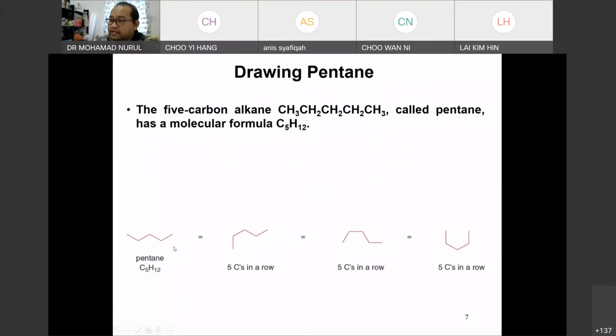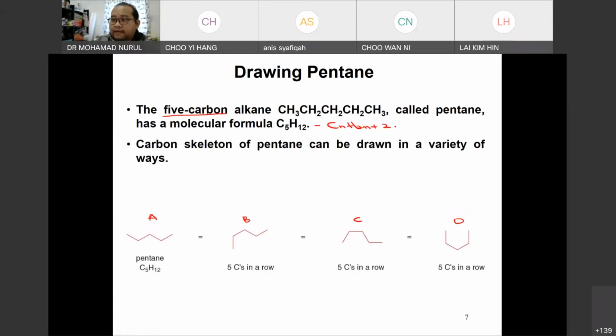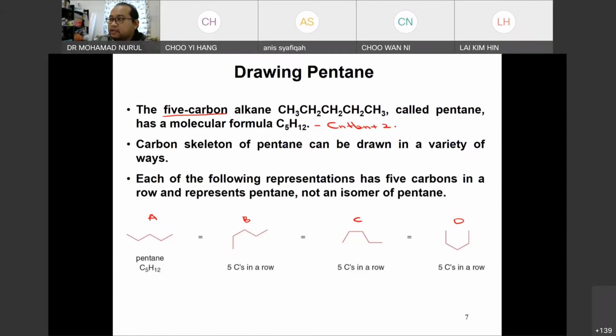Also, you can draw it like this for structure A, and B, C, and D. So they also have 5 carbons here. So yeah, you can draw the representation of pentane in a variety of ways.